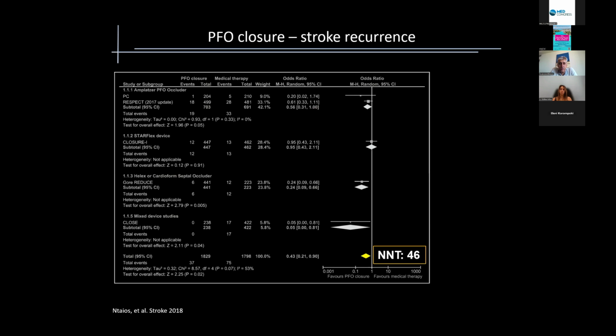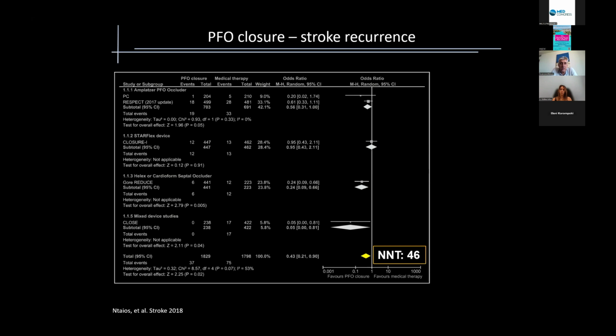Always in medicine, in order to assess a causal association between 2 entities, what is useful is to see whether there is some response to some type of treatment. That was an ongoing discussion for about 20 years, but now we do have the answer. We do know that some PFOs are really causally associated with the stroke of our patient.